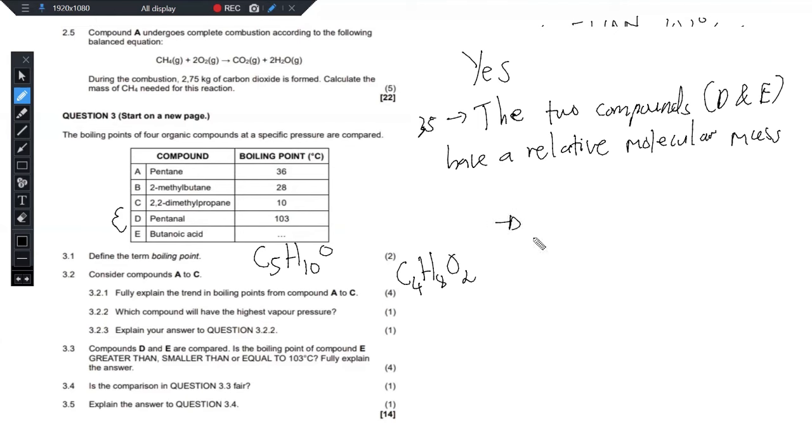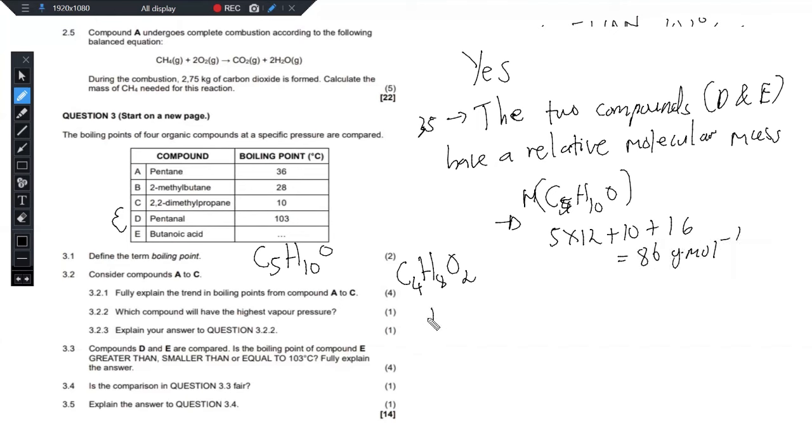So if we can just go and check, we have carbon, that's 12. So let's start with the molar mass of C5H10O. Then this should be 5 multiplied by 12 plus 10 plus 16. So it should give us 86 grams per mole.